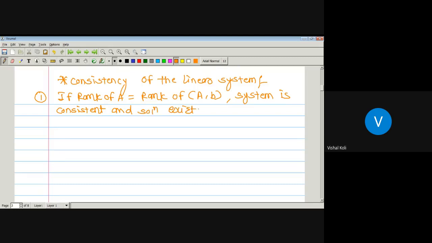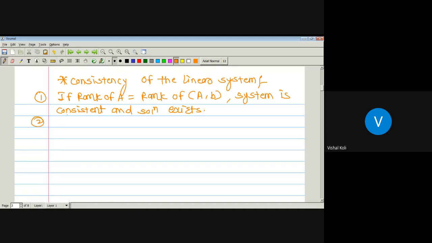So first we have to find the rank of matrix A only, and then we have to find the rank of the augmented matrix. If both matrices have the same rank, then the given system of linear equations will be consistent and a solution exists.